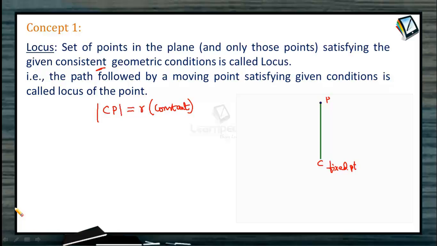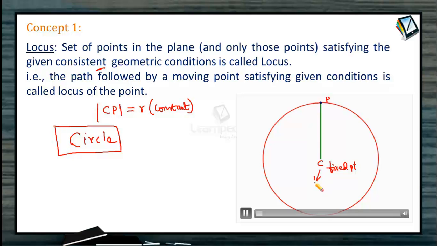We shall see how P moves, the path traced by P. So this becomes a circle. This fixed point is referred to as the center and this distance CP, R, is the radius.